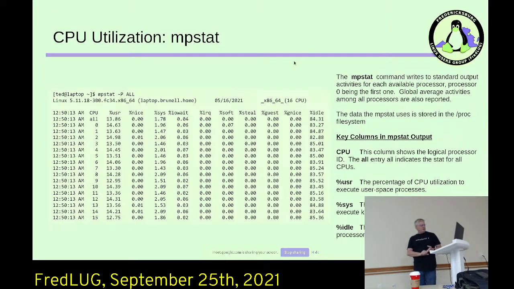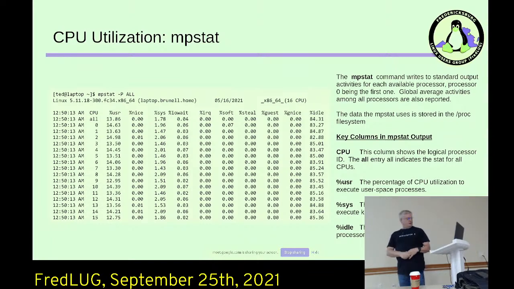All right, the next one, CPU utilization, mpstat. Key columns in the output: mpstat is a command that writes to standard output activities for each available processor or CPU core. The first one is, of course, 0, because that's where Linux always starts its numbering. Global average activities among all processors are also reported.